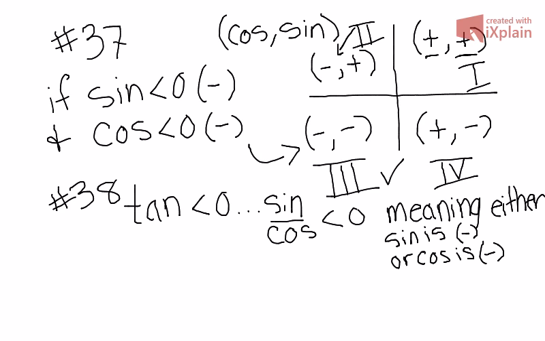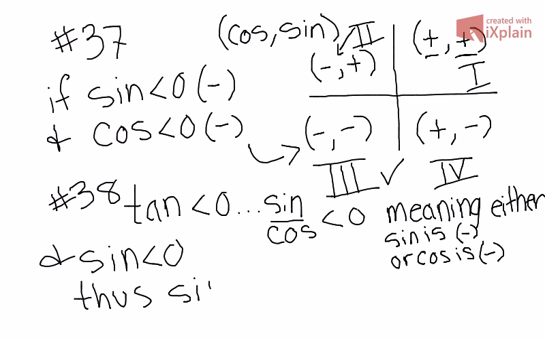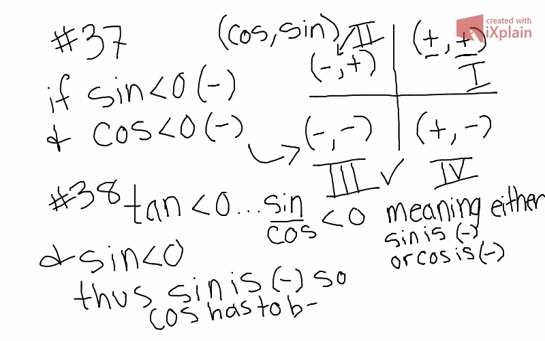So this is a good hint, right? We're well on our way. Now we use the other hint they gave us. They said sine has to be less than 0. Oh, there you go. Sine has to be negative, right? So if sine has to be negative, and we said only one of those can be negative from before with that tangent restriction, then if sine is the negative one, cosine has to be positive in order for this whole thing to be less than 0, right?